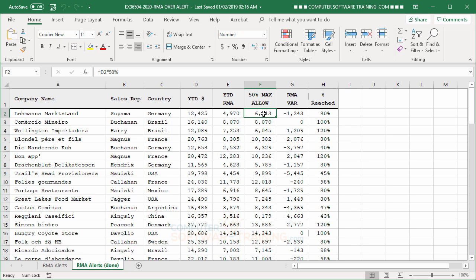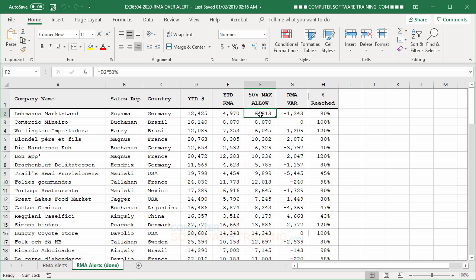I mean, that's big. But these customers, based on whatever they've done year to date, we have a year to date level that they can return on us. And that's shown over here.